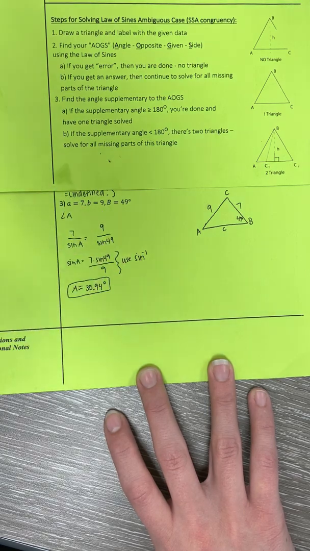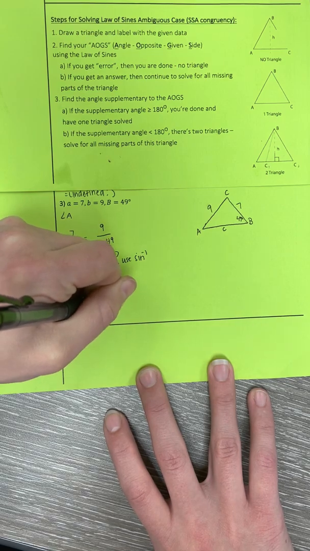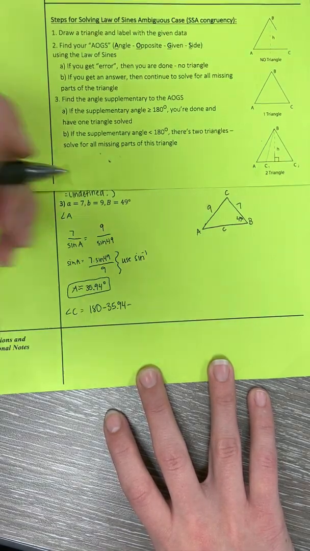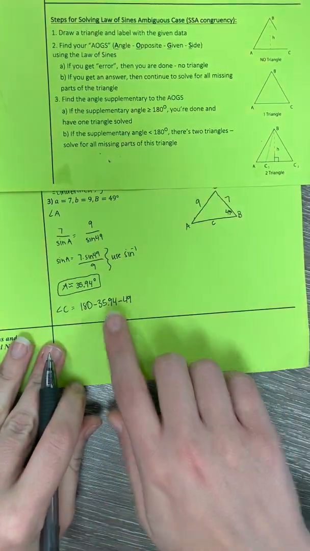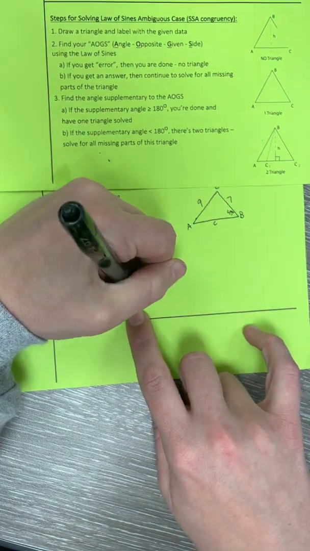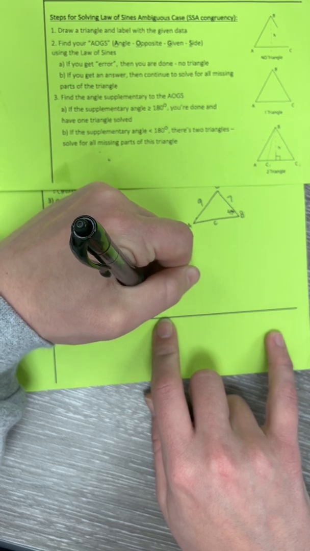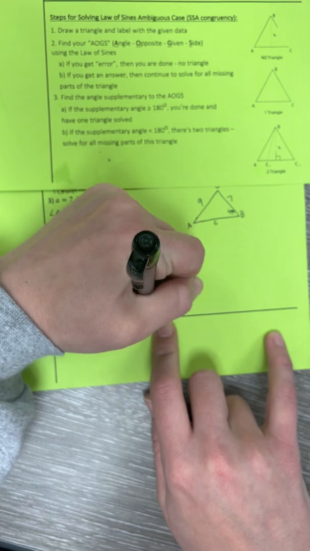That would mean that angle C is equal to 180 minus 35.94 minus the 49 degrees. Because a triangle is 180 degrees total, we've taken the two angles that we know and subtracted them from 180 to find what angle C is going to be, which is 95.06 degrees. I'm just rounding here.